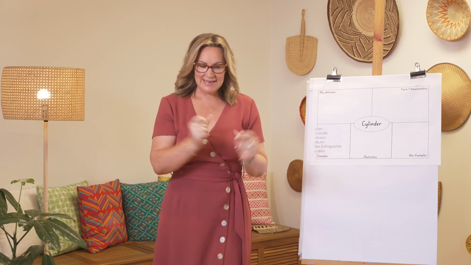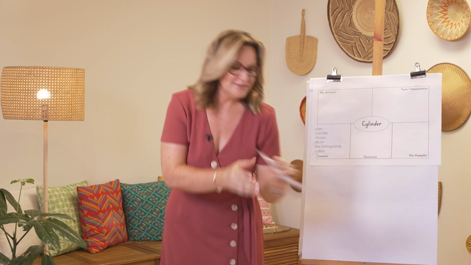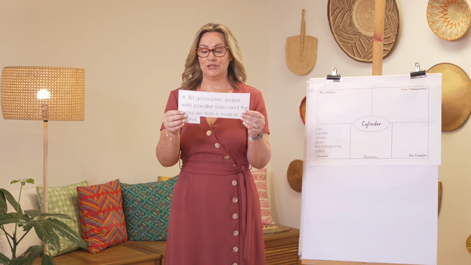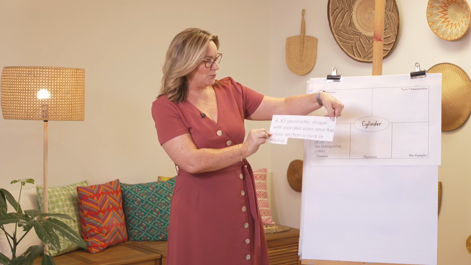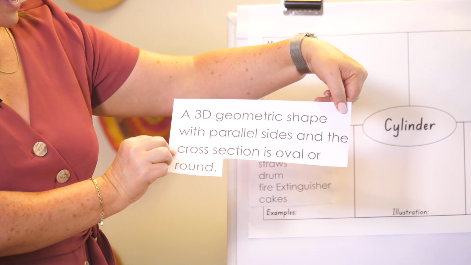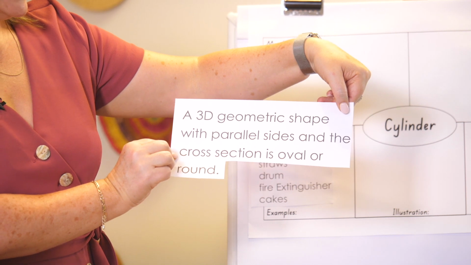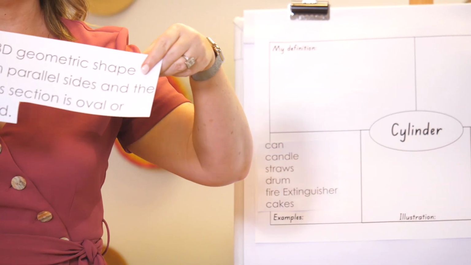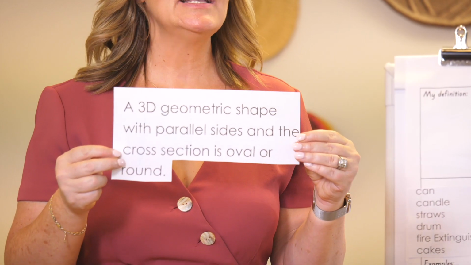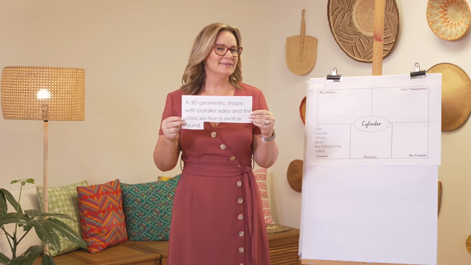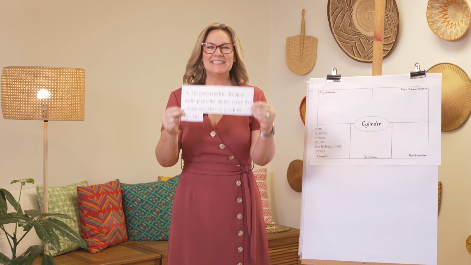Okay, next one. Let's have a look at this. I'll read it to you. A 3D geometric shape with parallel sides and the cross section is oval or round. When I'm reading that out to you, what does that sound like? It's a definition.